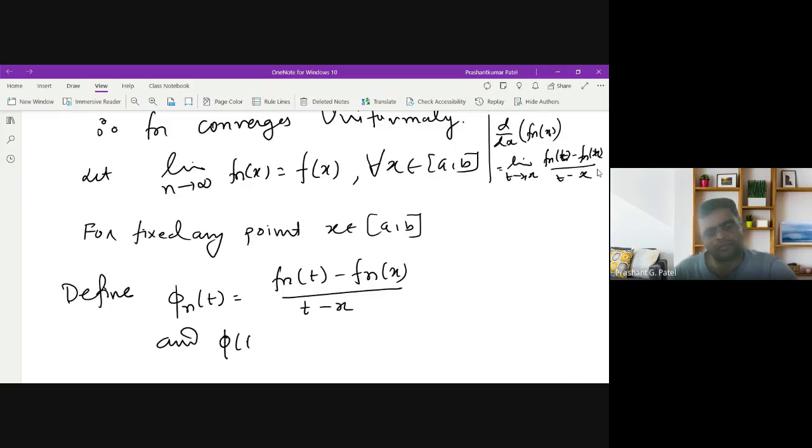And phi(t) I may define as (f(t) minus f(x)) upon (t minus x) for all t belongs to [a, b]. We may assume this is a function.